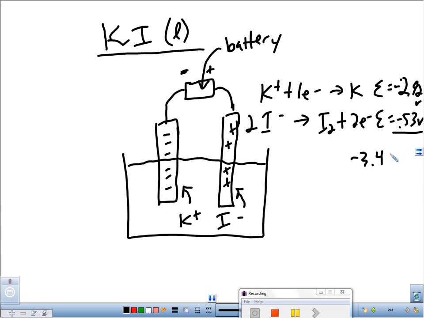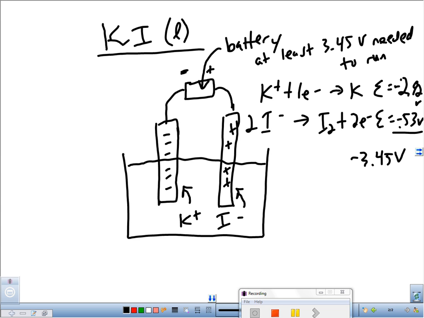Think about my math here. That's the number of volts needed here, at least 3.45 volts needed to run. So if I had an AA battery, it wouldn't work.